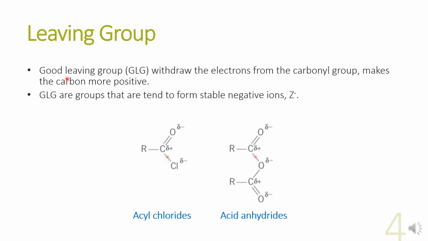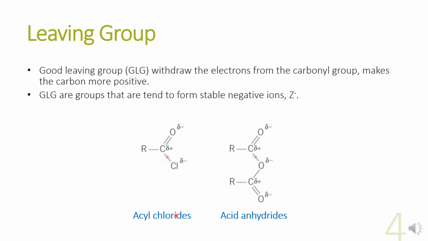Okay, now talking a bit about the leaving group. A good leaving group will withdraw the electrons from the carbonyl group, making the carbon more positive. And this good leaving group, in this case such as the chlorides or the anhydrides, when they leave as ions, will form stable negative ions.